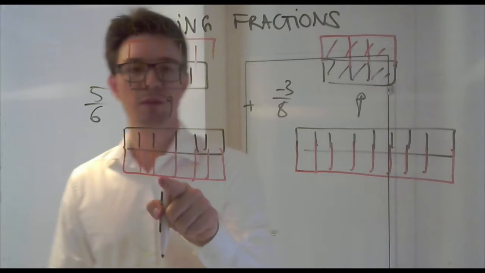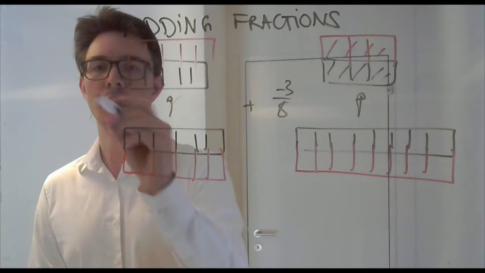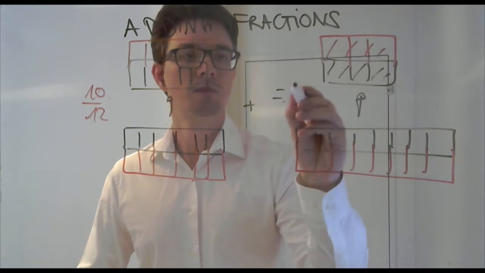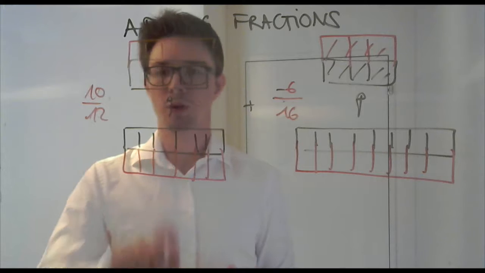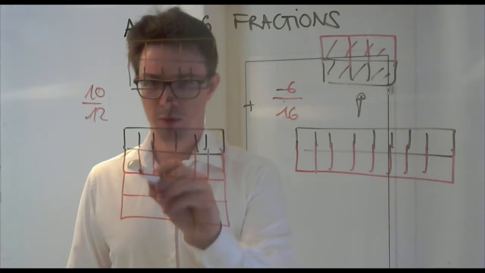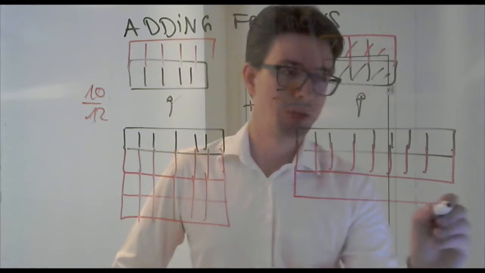So we have effectively turned this into 10 over 12, and this is minus 6 over 16. Well, we still need a little bit more here, and you probably have guessed already that we need a denominator of 24.